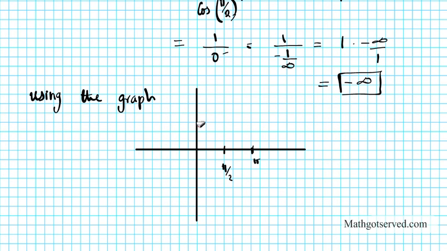So cosine starts from the top. I'm going to make it dirty, right? It goes right through pi over 2 down to pi, something like that, okay? So that's what the standard cosine graph looks like. Everybody knows what a cosine graph looks like. If you don't, you might want to go and review it, okay?